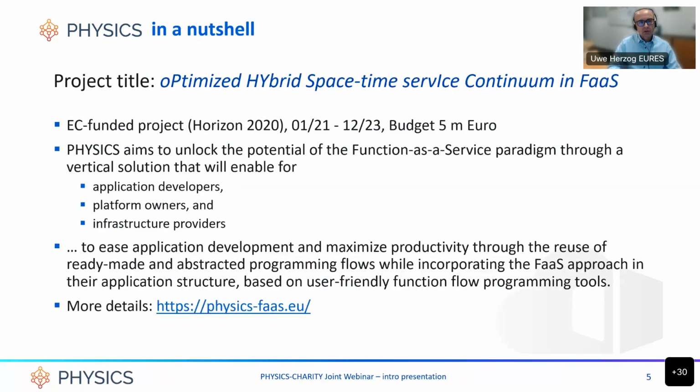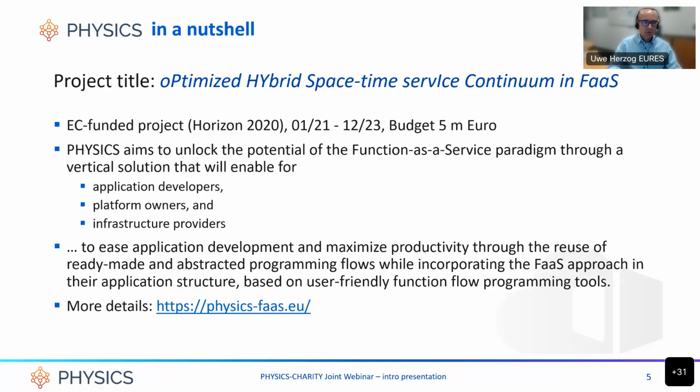The main goal of Physics is to unlock the potential of the function as a service paradigm through a vertical solution that will enable 3 stakeholder groups: application developers, platform owners, but also infrastructure providers.